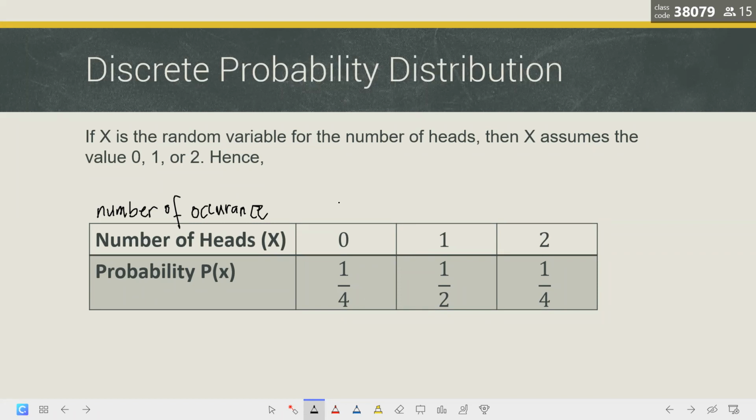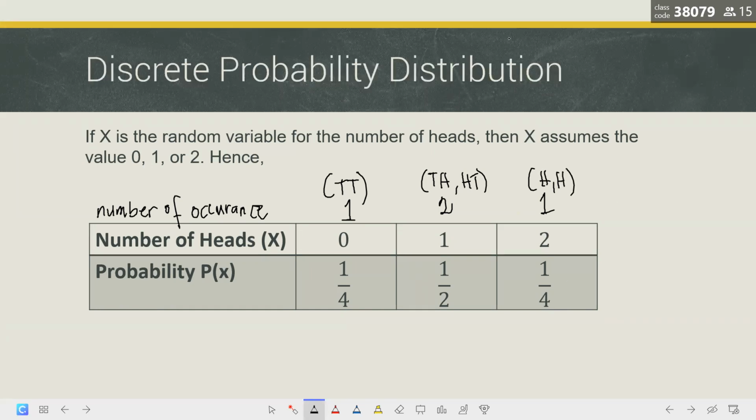So, sa number of heads na wala, 1. Yung sa tail-tail. Tama? Walang head dyan. Second naman, sa 1, 2. Yung tail-head at saka head-tail. Sa 2, 1 lang. Yung head-head.